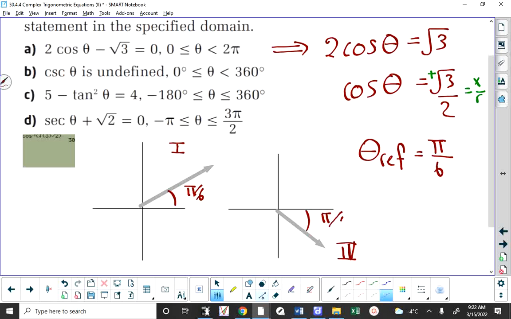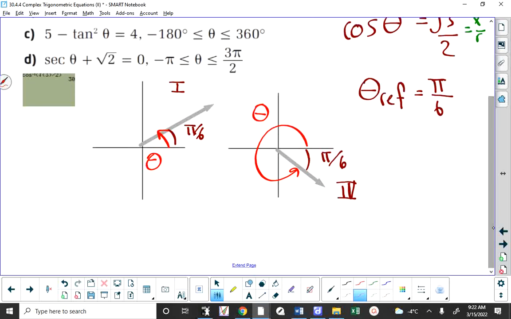Again, these little details I think are important in understanding the math. There's no direction to that angle. It's just an angle. Theta, which is what we are asked to find, is from 0 to 2 pi. So these 2 arcs are the 2 values of theta that are answers to the question. So theta equals pi over 6 for quadrant 1.